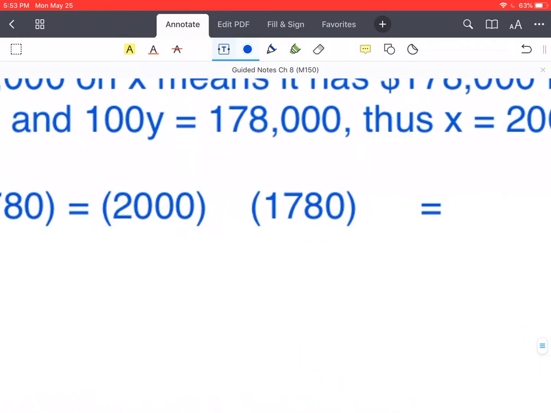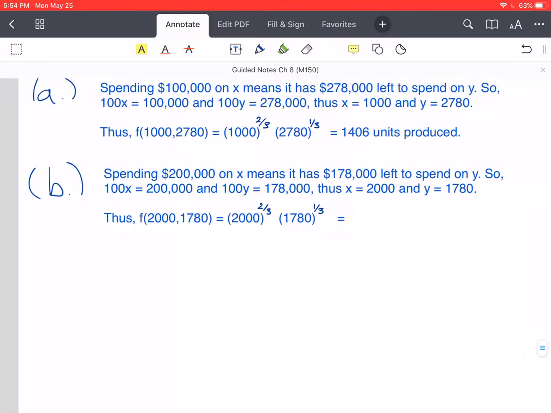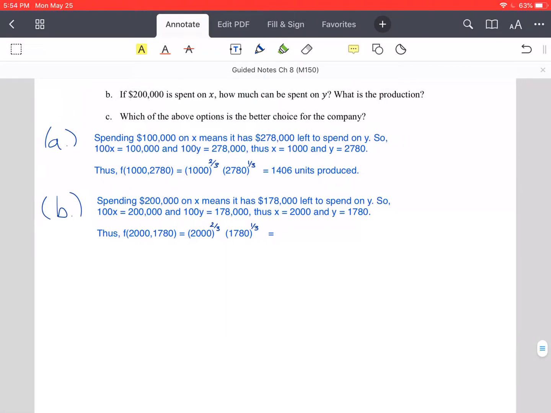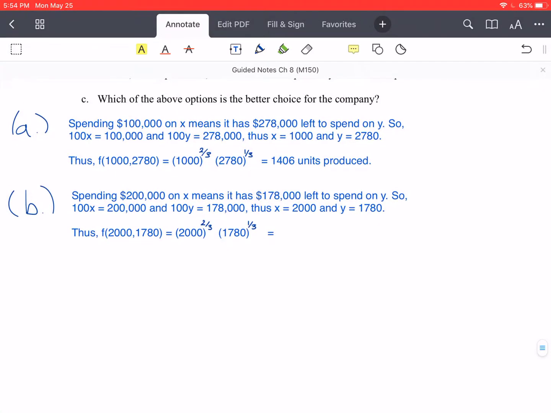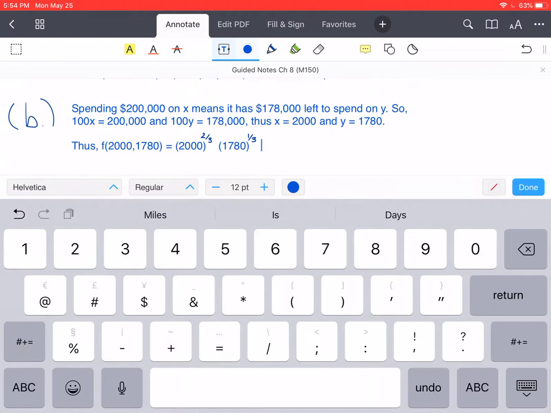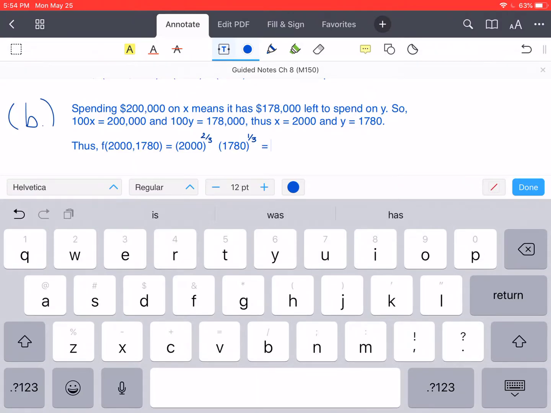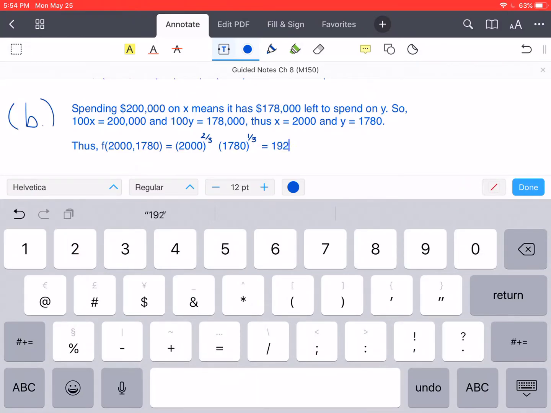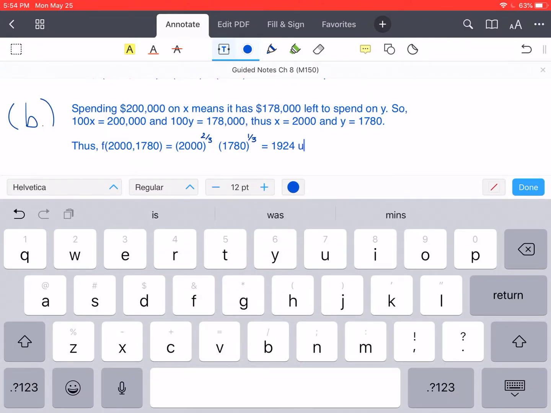So there we have our x to the 2/3, y to the 1/3. Alright, and if we plug and chug those numbers, that is about 1,924 units produced.